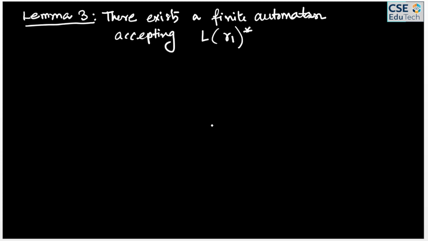Right? So now how can we prove this? L1 star means the language generated by R1 star, which will be accepted by this finite automaton.